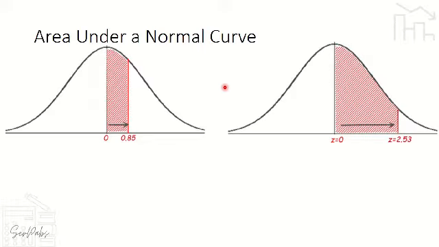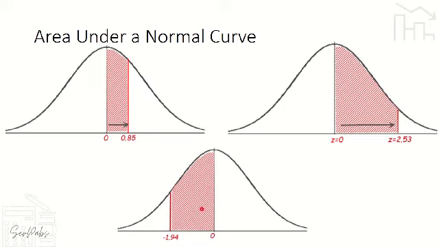And then, yung example number 3 naman natin ay papunta sa kaliwa. Kasi negative yung ating Z-score. So, kung ikukumpara sa example number 1, example number 2, so the Z-score is positive. So, therefore, the area is located at the right side of our mean. While in example number 3, our Z-score is a negative value.